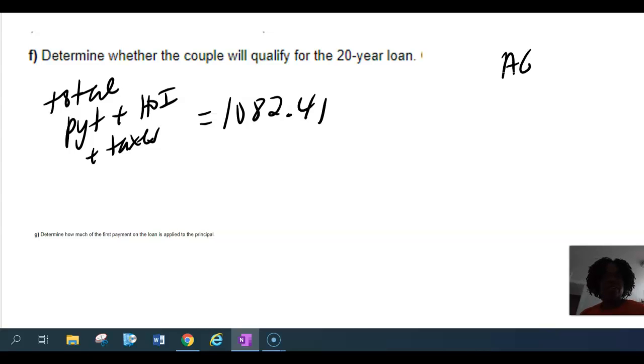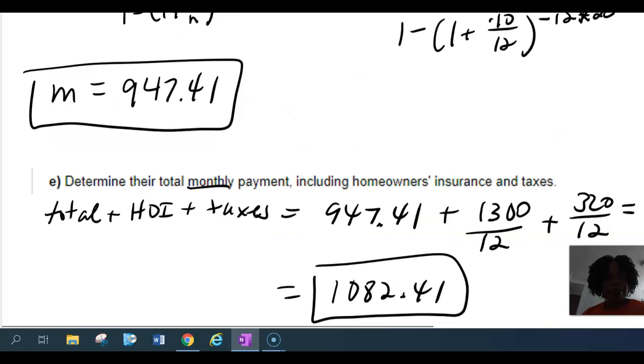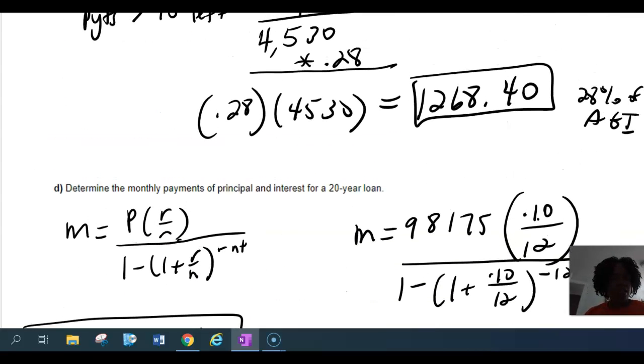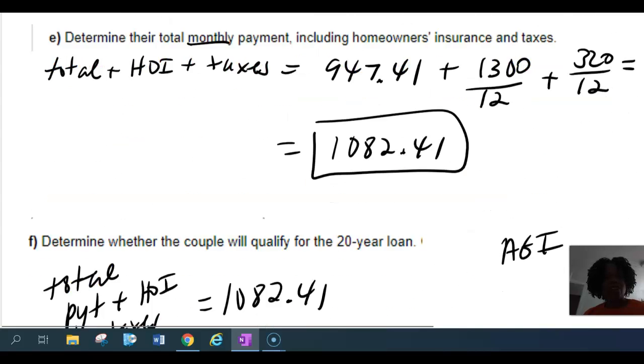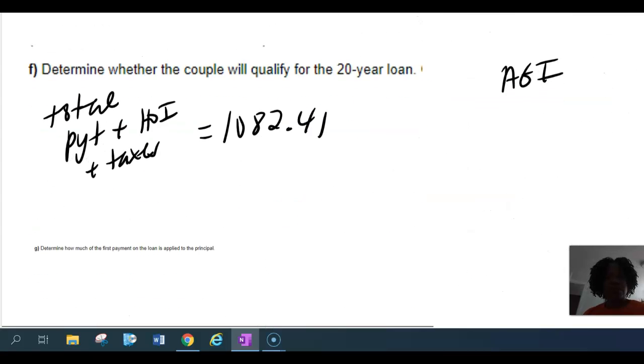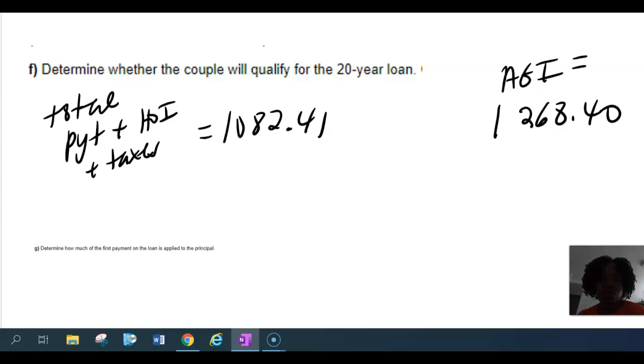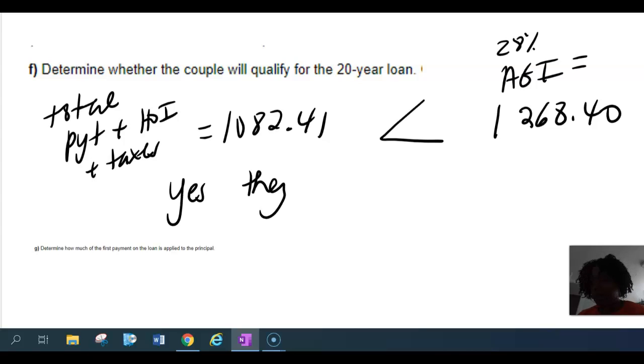And then we need to compare that to their adjusted gross income, and their adjusted gross income was, let's scroll and see, here it is, $1,268.40. So their AGI was $1,268.40. And because their total of the payment and the taxes and everything is smaller than their 28% of their adjusted gross income, then the answer is yes. They qualify.